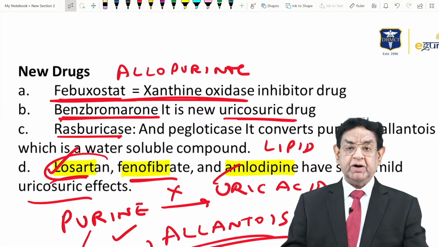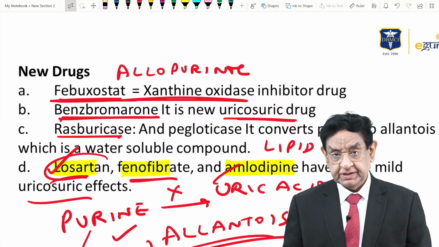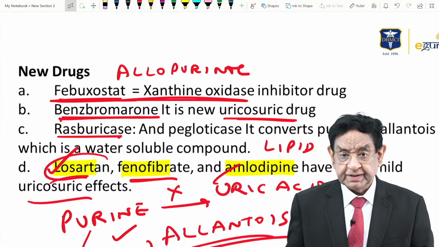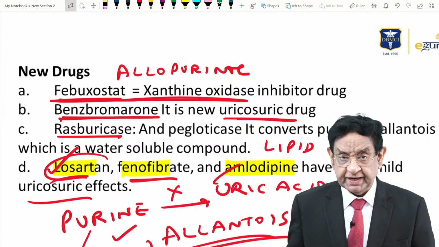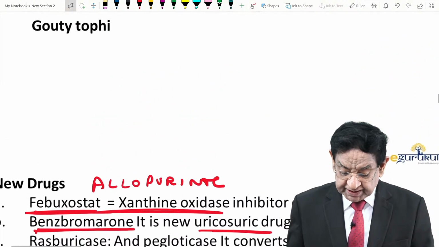So you are clear about many more questions regarding losartan, ARB. One more point which I would definitely like to mention in diabetes.